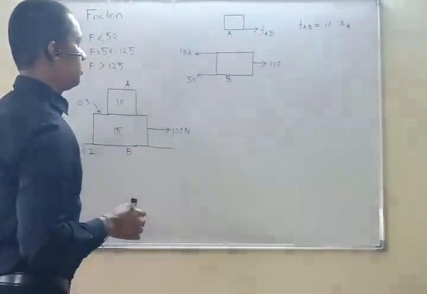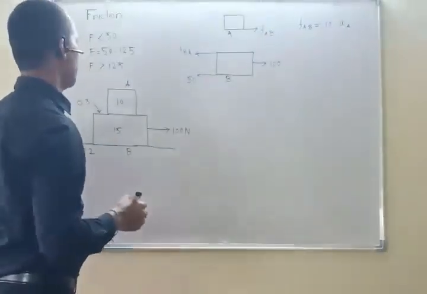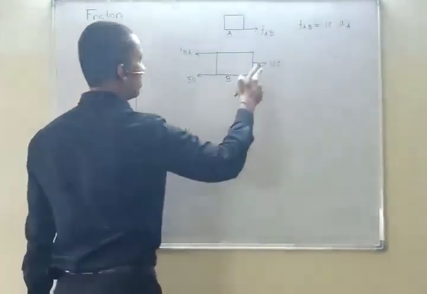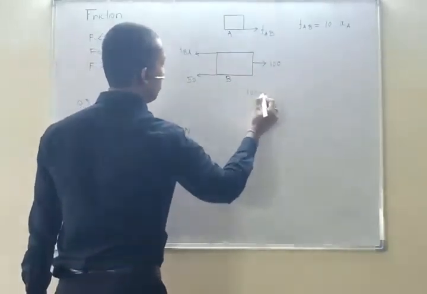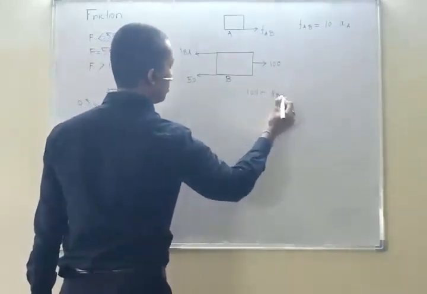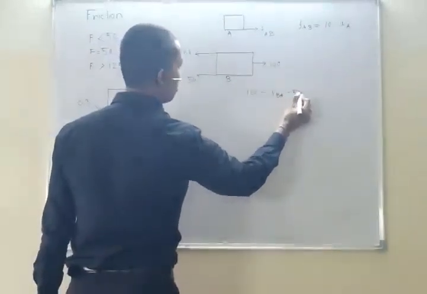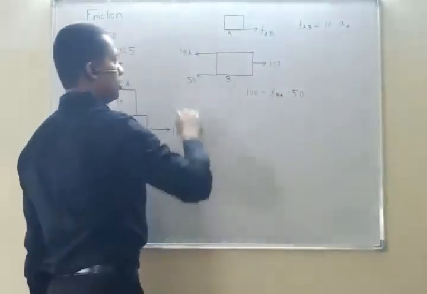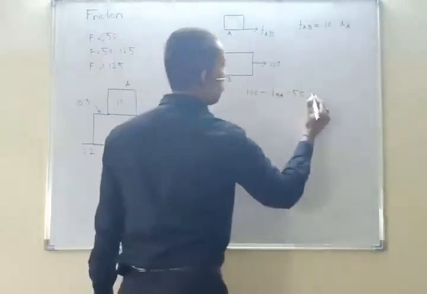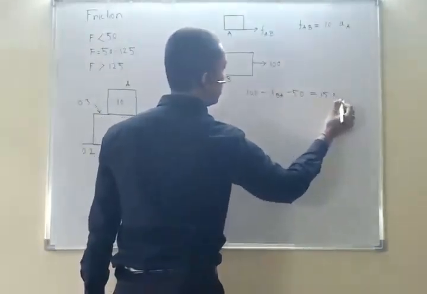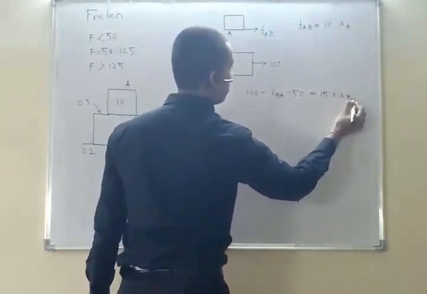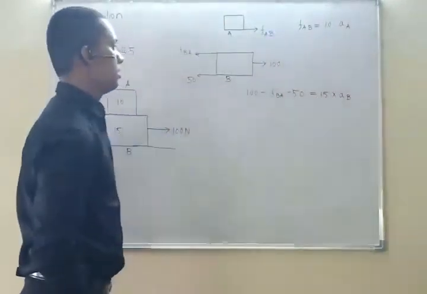In the second case, here 100 in this direction: 100 minus FBA minus 50 equals mass of B, that is 15, into acceleration of B. Clear?